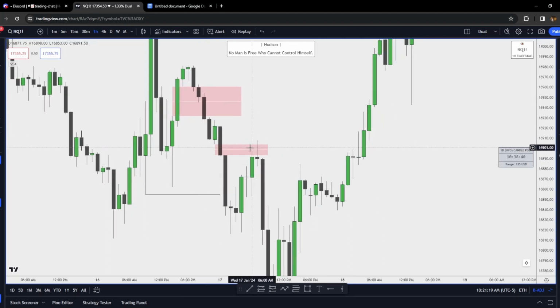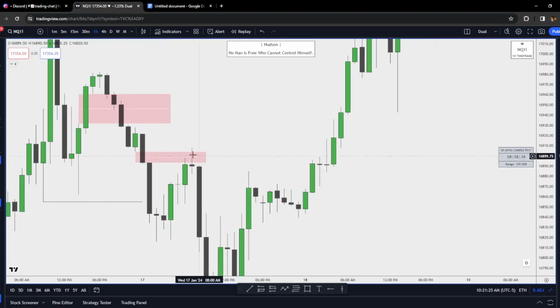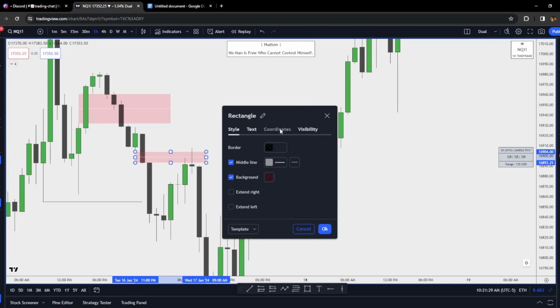So here we are. Notice no body closures above or even inside of this, right? Okay, so we see this line right here. Go to your settings, style, and turn on this middle line. This represents 50% or CE of the fair value gap.